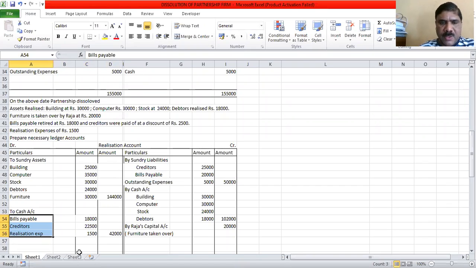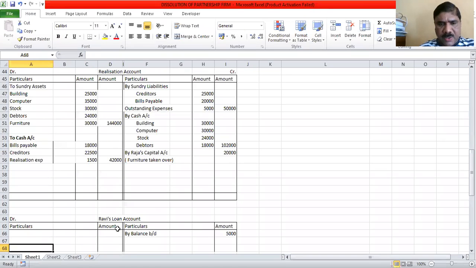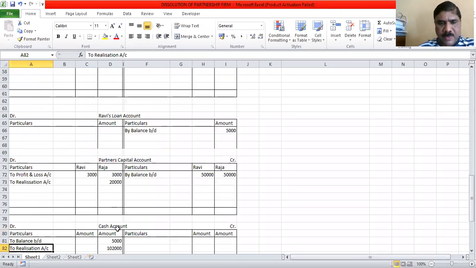Okay. So now the second effect, where should I go? Cash account, credit side. By what will I write?